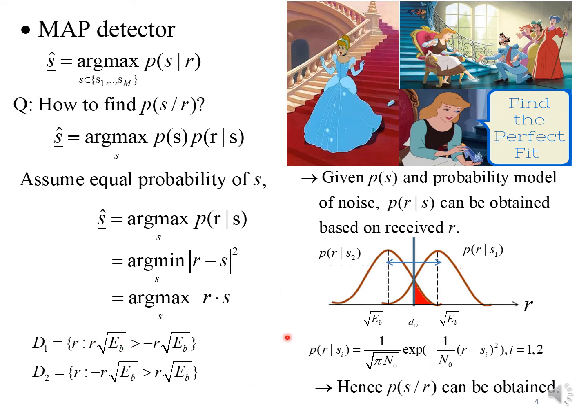So in this way we can obtain the conditional probability, or the likelihood function, of the detector, and based on this likelihood function we can make the optimum decision. There is only one candidate as the output of the maximum likelihood detector.